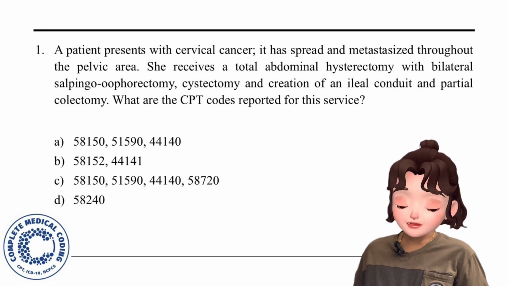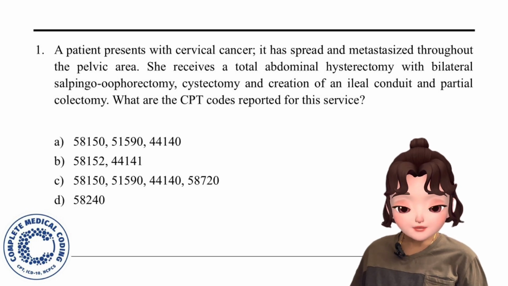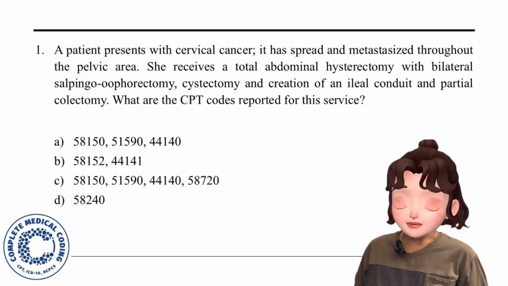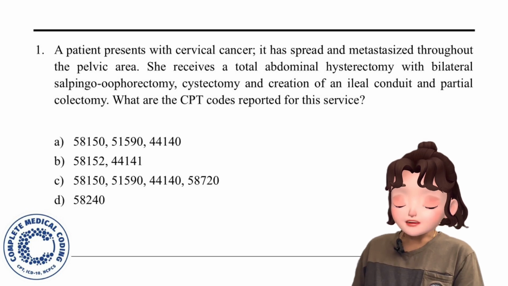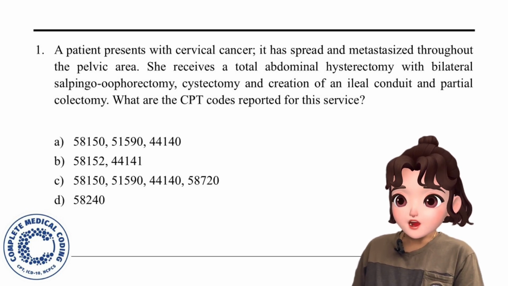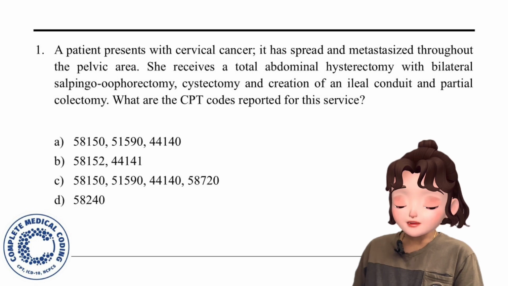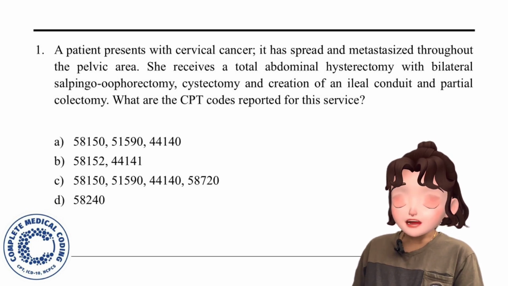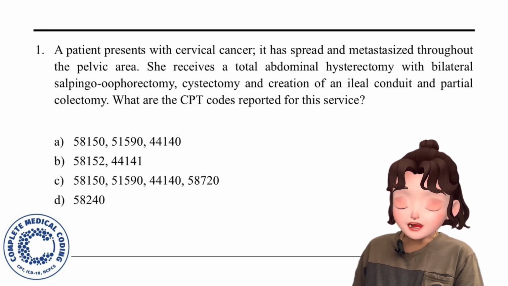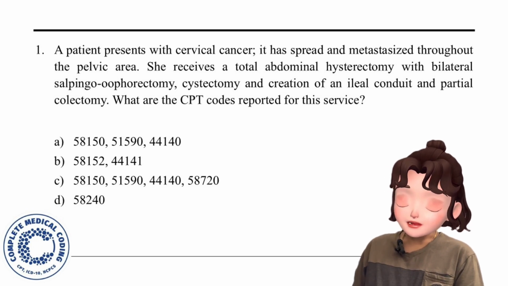Option D, 58240. What is 58240? Pelvic exenteration for gynecologic malignancy with total abdominal hysterectomy or cervicectomy, with or without removal of tubes, with or without removal of ovary, with removal of bladder and ureteral transplantations, and abdominoperineal resection of rectum and colon and colostomy, or any combination thereof.